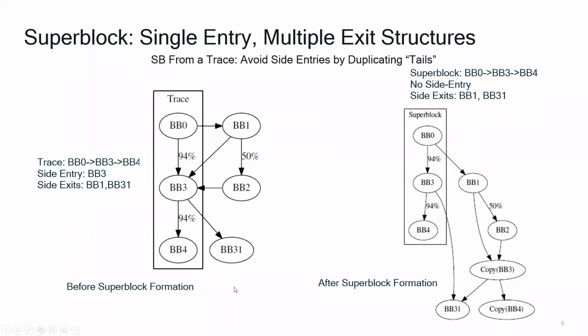A tail is the part of the trace that starts from the first side entry and ends at the end of the trace. In this case, the tail is BB3 and BB4. So we replicate BB3 and BB4. This is how we convert a trace with side entries into a superblock without any side entry. There may be side exits, but they are easy to manage.